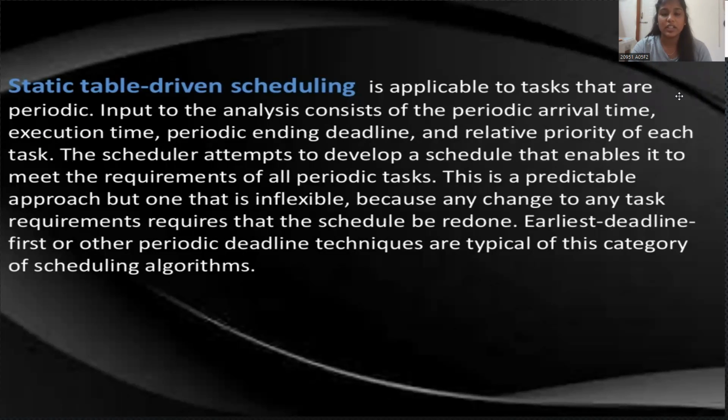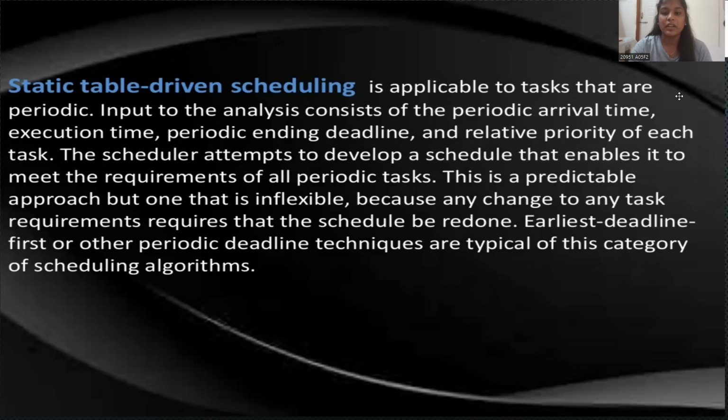Static table-driven scheduling is applicable to tasks that are periodic. Input to the analysis consists of the periodic arrival time, execution time, periodic ending deadline, and relative priority of each task. The scheduler attempts to develop a schedule that enables it to meet the requirements of all periodic tasks.